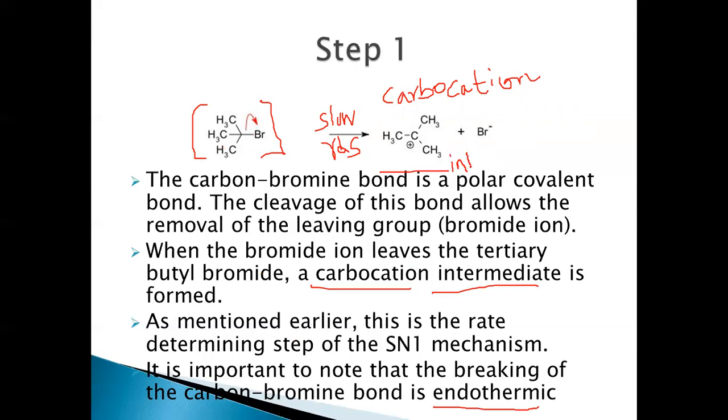But the SN2 reaction proceeds through a single step, and a transition state is formed, which cannot be isolated because the existence of this transition state is only for a very short time, about 10 to the power of minus 12 seconds, which is very small. So this cannot be isolated. But this carbocation can be isolated and is so called an intermediate.